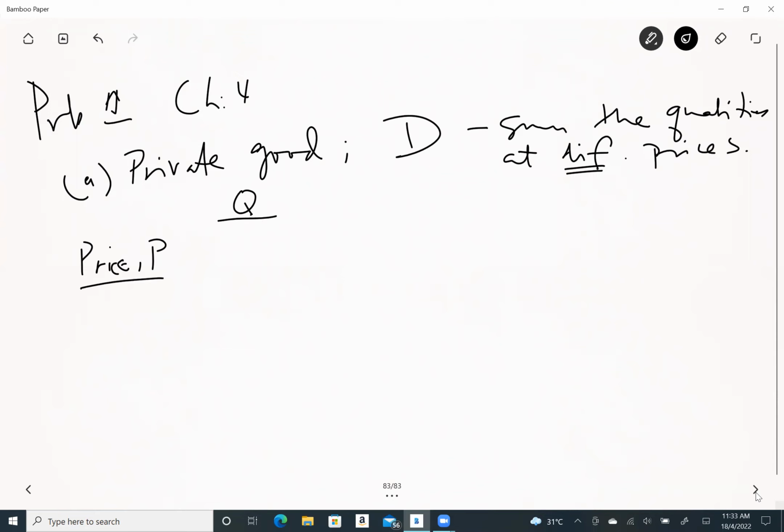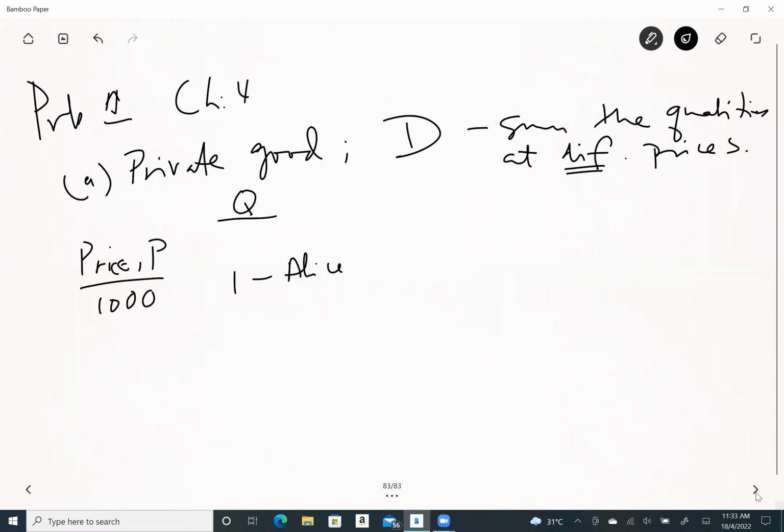So for price, we start with the first price, 1,000. Now at 1,000, what is the quantity demanded? You have the marginal benefit 1,000. How much is the quantity? It is only 1. And that Q1 is for whom? For Alice. Okay, Alice demands only 1. So 1,000, 1.